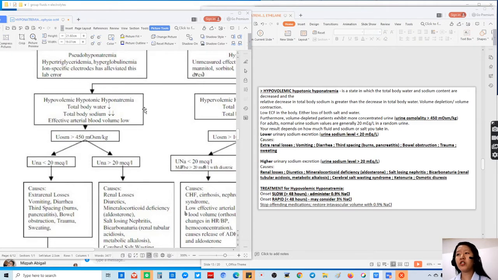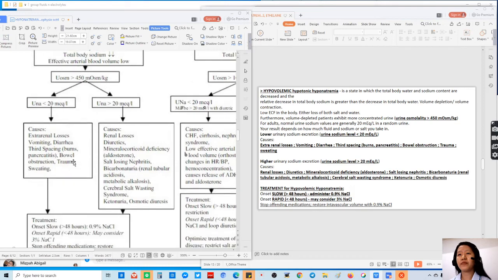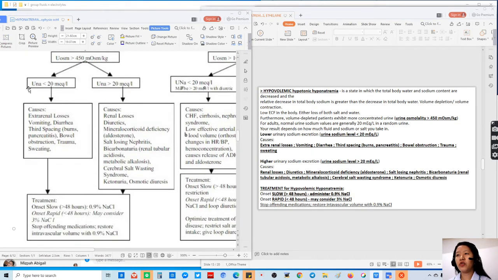Furthermore, volume depleted patients exhibit more concentrated urine because the urine osmolality is greater than 400 milliosmoles per kilogram. For adults, the normal urine sodium values are generally 20 milliequivalents per liter in a random urine.